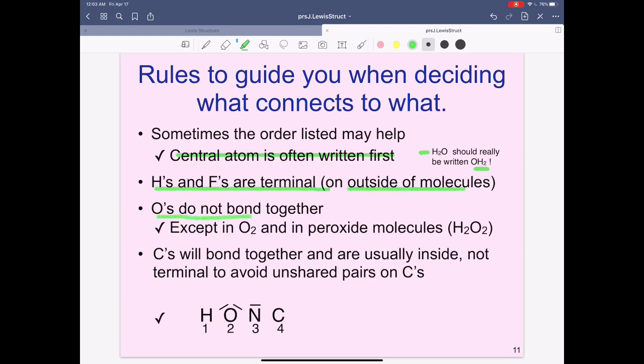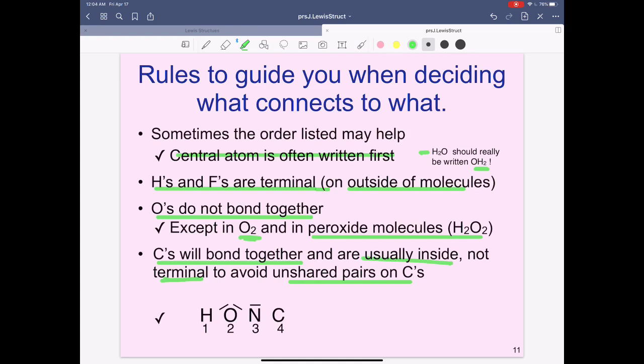Generally, we're not going to bond oxygens together, except of course in the oxygen molecule itself and in hydrogen peroxide, or in peroxide molecules, where you'll find that the oxygens will bond together. Carbons will often bond together and are on the inside, avoiding being terminal atoms to avoid having unshared pairs.